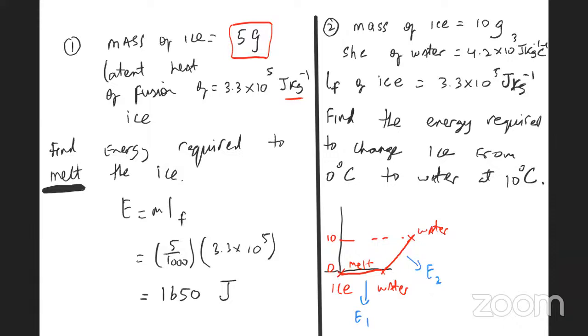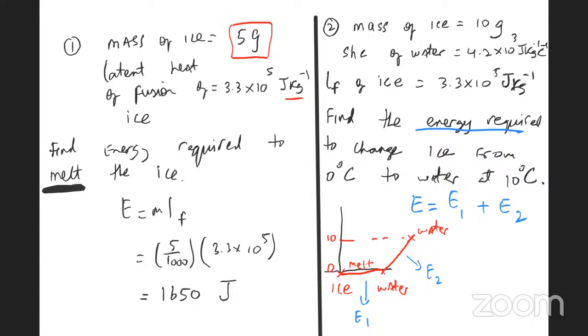So if I ask you to find the energy required to do the whole thing, what will you do? The energy required will be the 2 of them: the energy during melting plus the energy during temperature change. Are you okay with that?